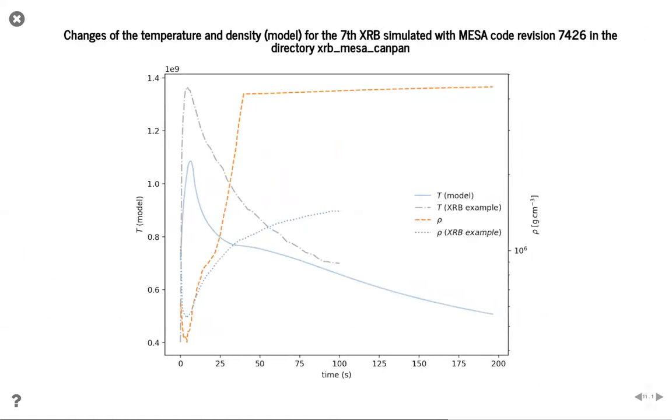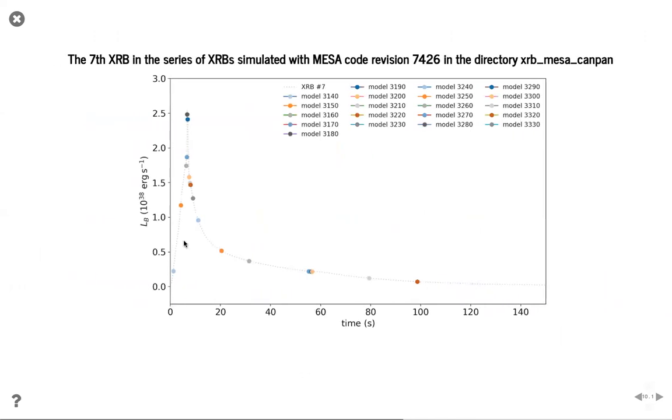And therefore, we can extract from this MESA simulation of one X-ray burst, the seventh X-ray burst in this case, how the peak temperature, the maximum temperature, in this case close to the bottom of the accreted envelope, like in novae, and its corresponding density change with time during one X-ray burst.